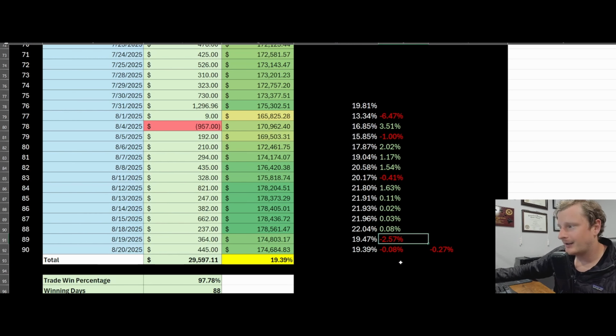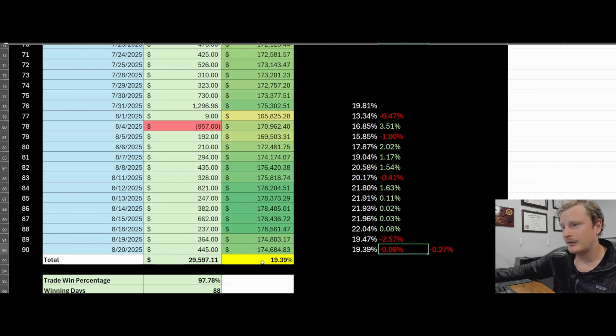So since yesterday, we're down negative 2.57%. Well, actually, from today, we're down only 0.08%. And then in this other section right here, the negative number right next to the other negative number is actually the SPY's change in value for the day, and it's negative 0.27%. So technically, I actually outperformed the SPY today.